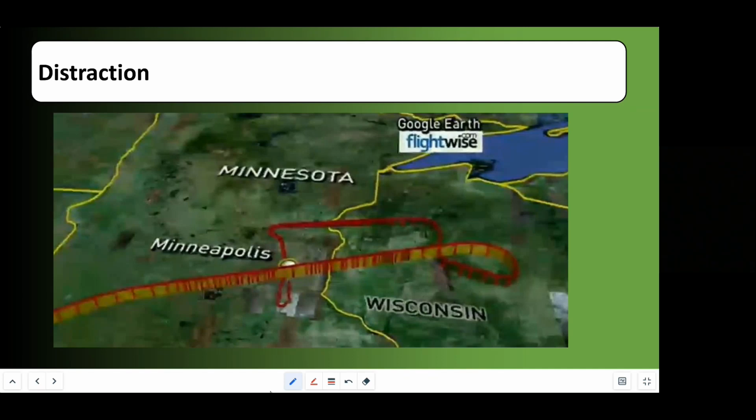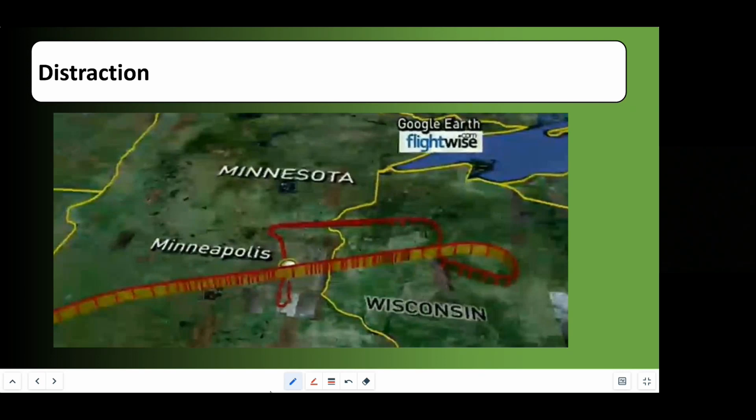And because of what they were discussing in the cockpit at the time, they got distracted and didn't recognize the frequency change was missed, and didn't recognize that they had never changed frequencies and were still back on one of the like Albuquerque Center instead of progressing through the different centers toward Minneapolis.